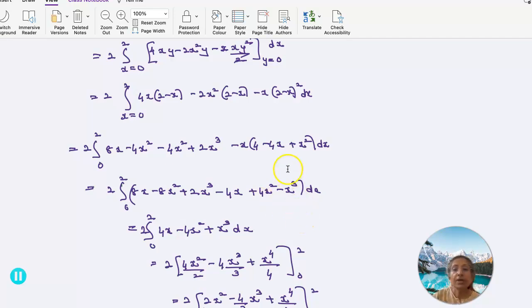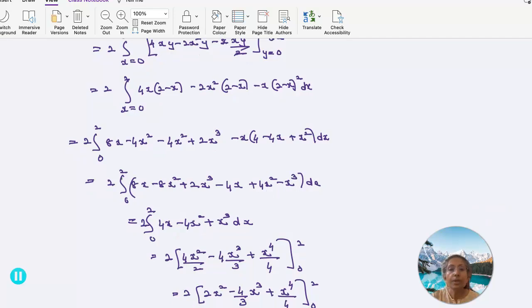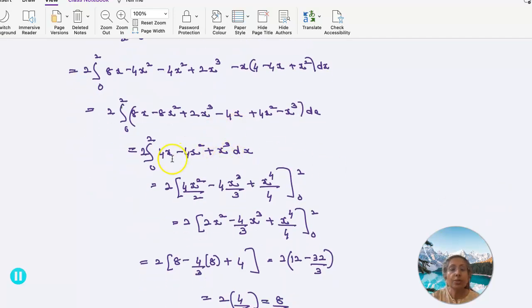So when you simplify, this will reduce to 8x minus 4x, which is 4x, minus 8x squared plus 4x squared, which is minus 4x squared, and plus 2x cubed minus x cubed, which is plus x cubed.